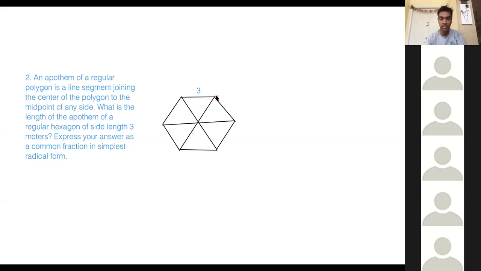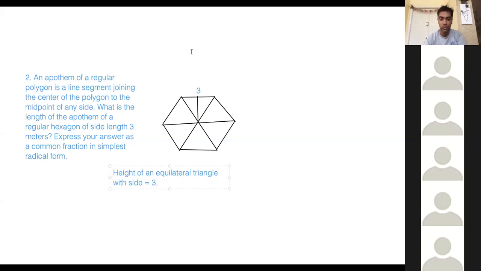So we know this side and this side are 3. What we're asked for is this apothem length, which becomes the height of an equilateral triangle with side length 3.